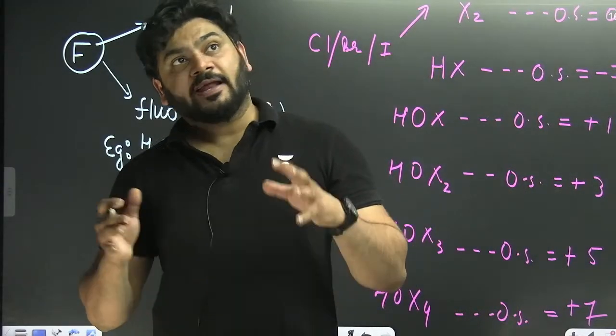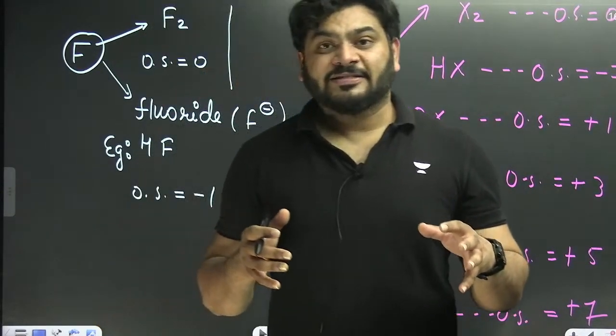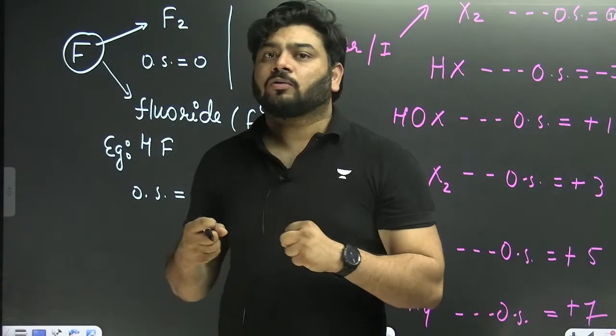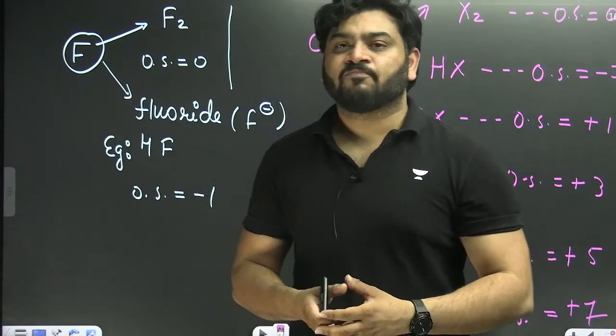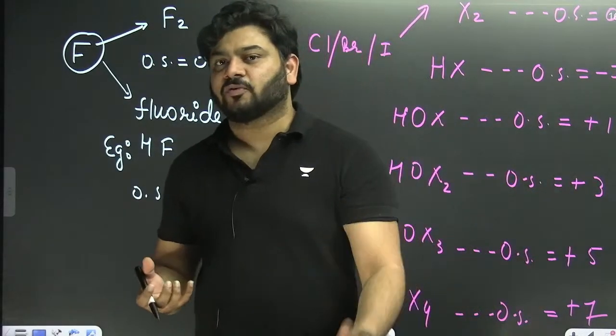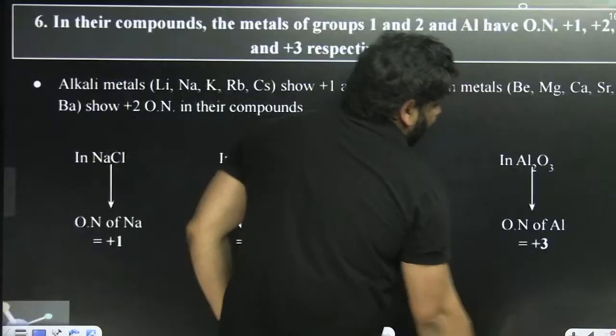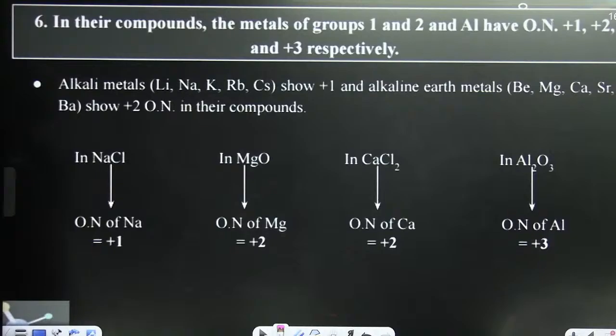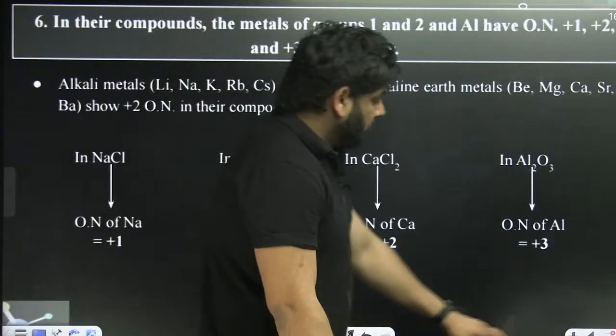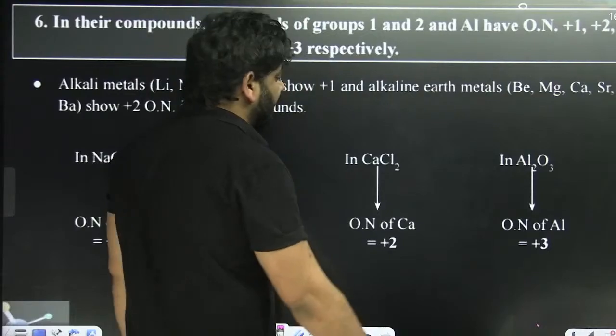It has the tendency to attract the shared pair of electrons of whichever element it is connected with towards itself, which is called its electronegativity, and that is the maximum capacity of this element. So there we had the idea about all the different types of halogens and their possible variable oxidation states.